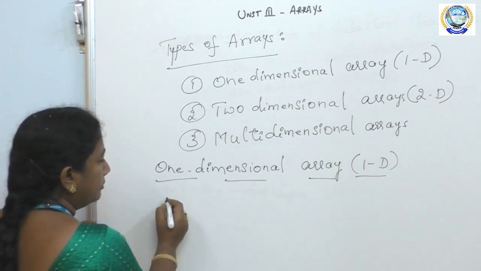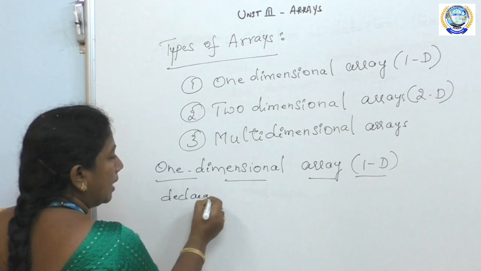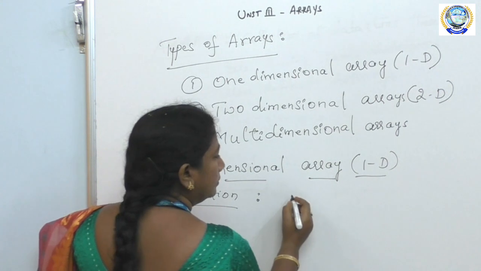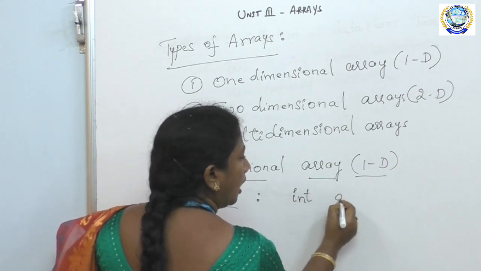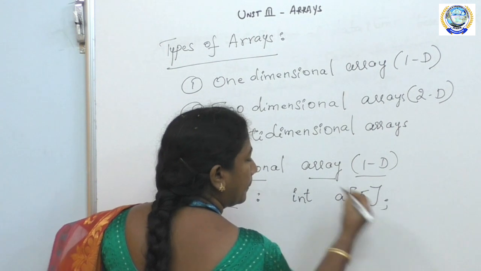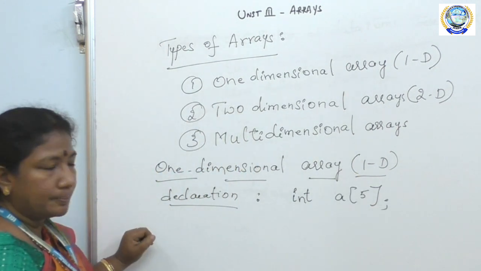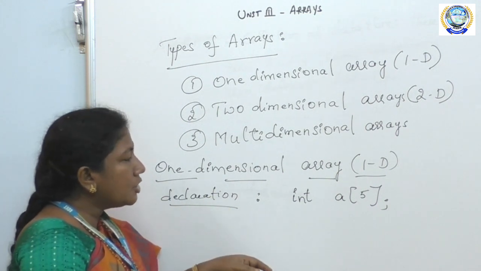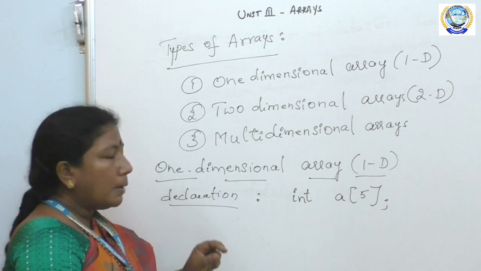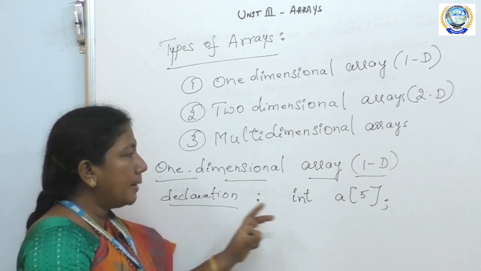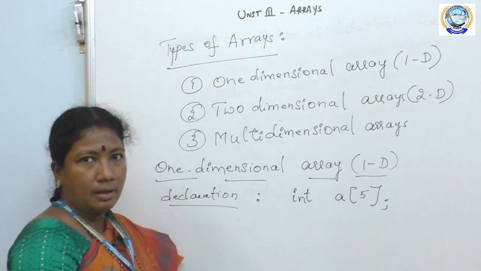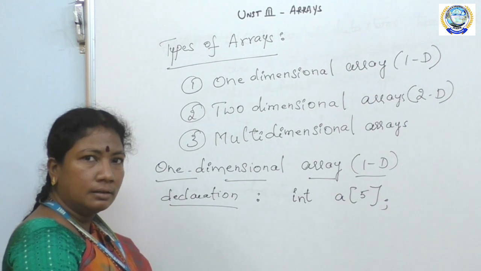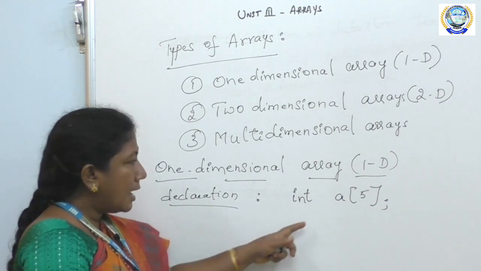So the declaration of one-dimensional array is int a[5]. As soon as the declaration and definition of this array is given, the memory is allocated by the compiler to this array.